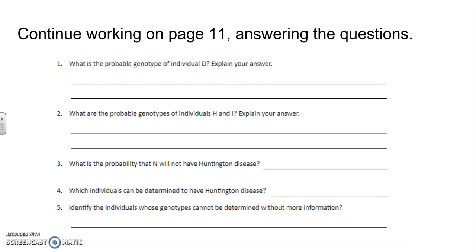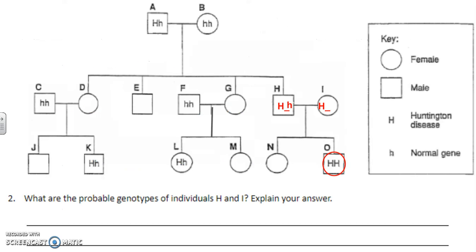We just went over and worked with Punnett squares, and that's what you're going to be using here. You're going to be using a Punnett square or 2 to figure out the probability that N would inherit that disease. Because if we recall, we just figured out the genotype of dad, and we have a partial genotype for mom, and we're trying to figure out whether or not this person would inherit that genetic disease.